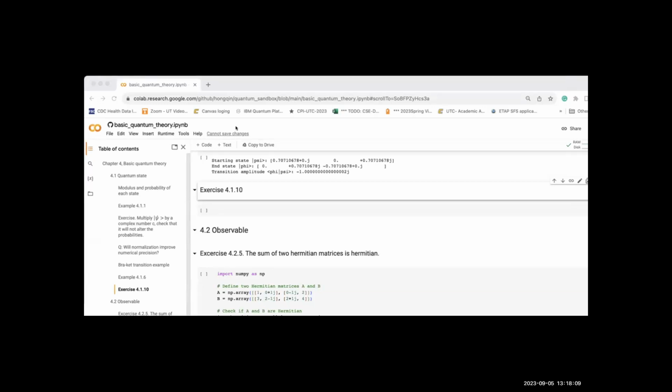And the eigenvector of omega actually is a basis vector of the state space.